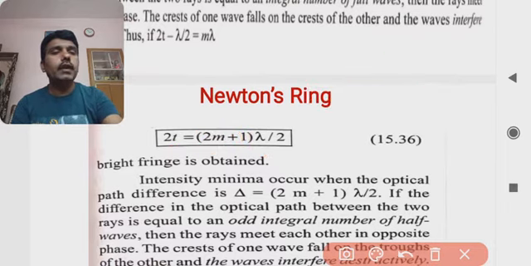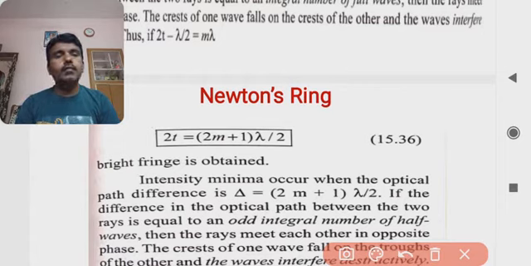So the final value for the thickness 2t for the bright fringe is 2t equal to 2m plus 1 lambda by 2. So this is the thickness of the film for the bright fringe.